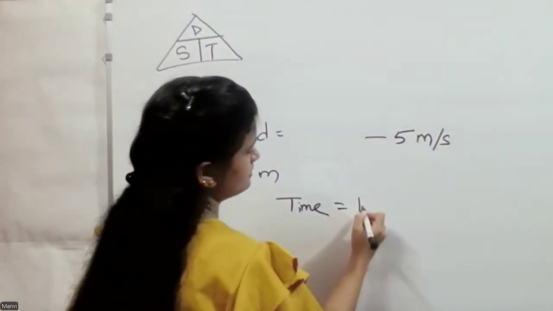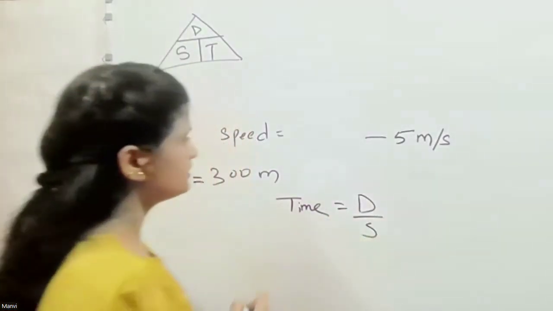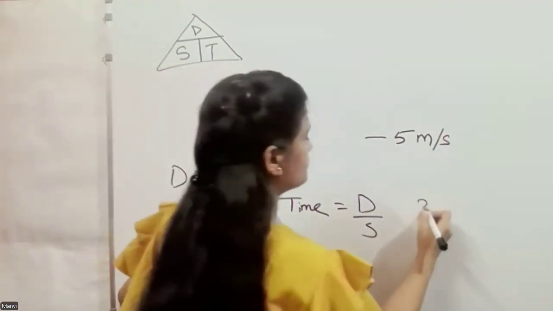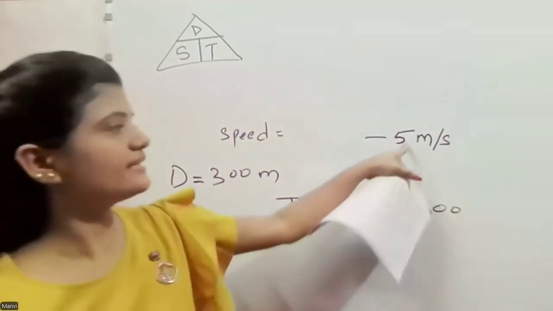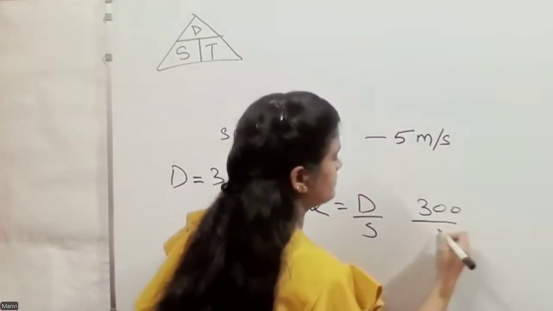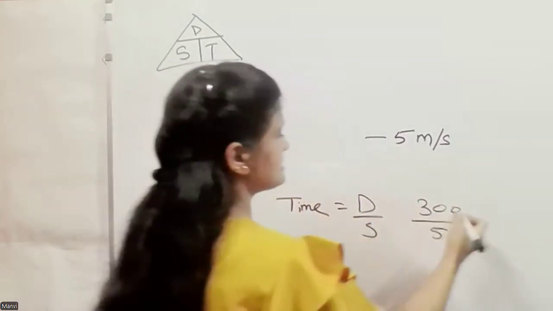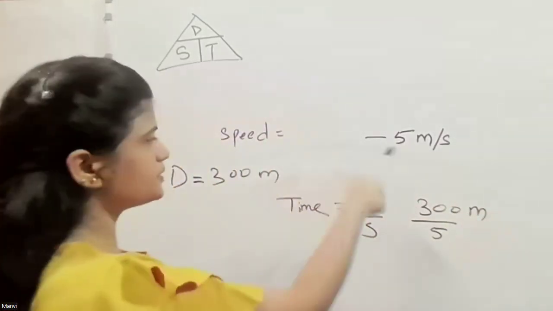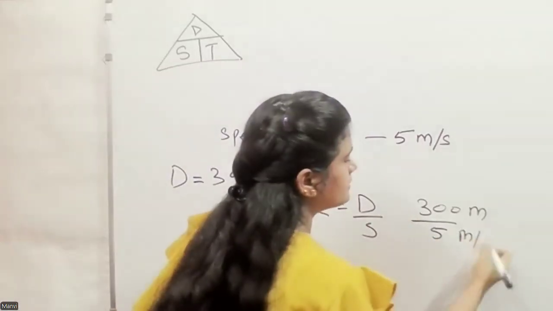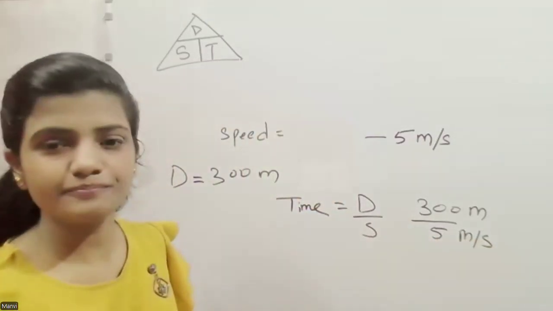So distance divided with speed. Distance is actually 300 and the speed is 5. The unit of distance is meter and the speed is meter per second.